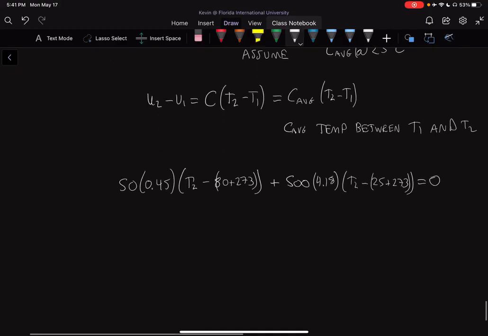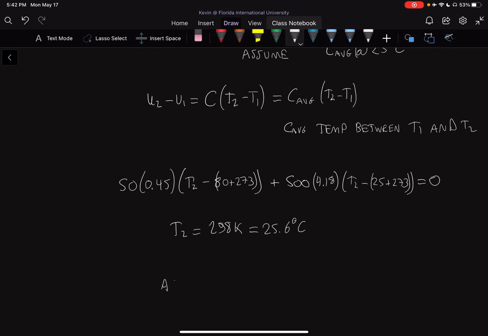Throughout this math, we can say that T2 is equal to 298 Kelvin, which is equal to 25.6 degrees Celsius. So our final temperature of our iron and water is 25.6 degrees Celsius, very close to the initial temperature of the water. Now we can go back and see if our assumption was correct.